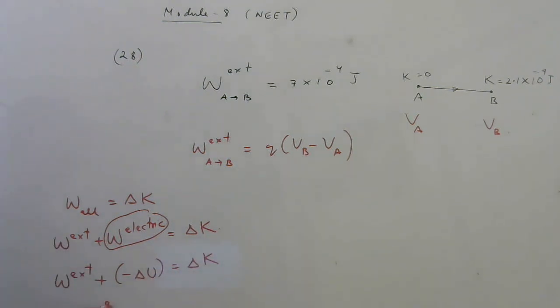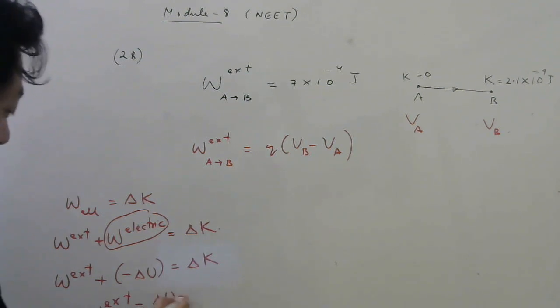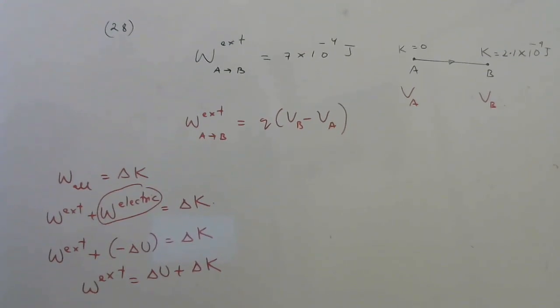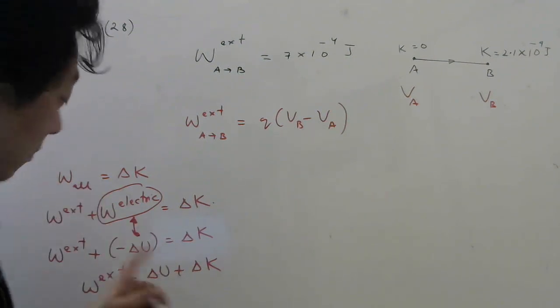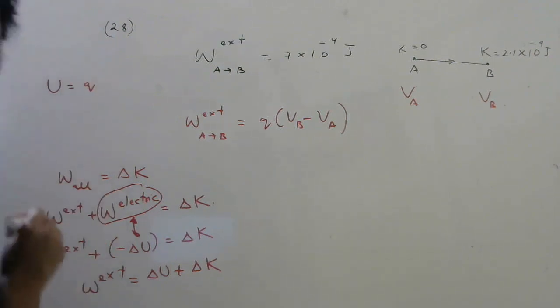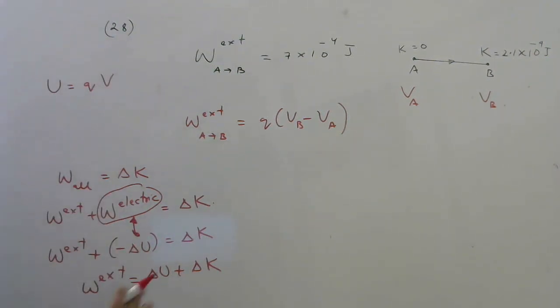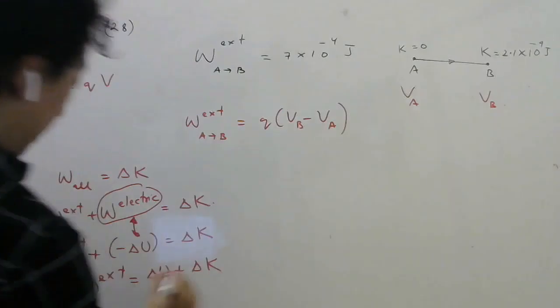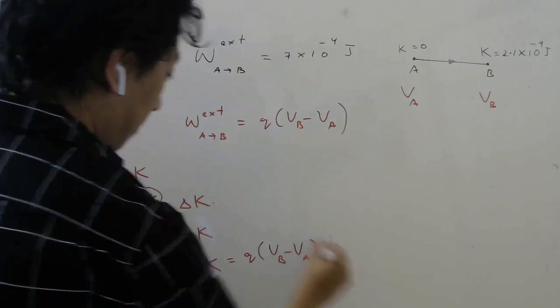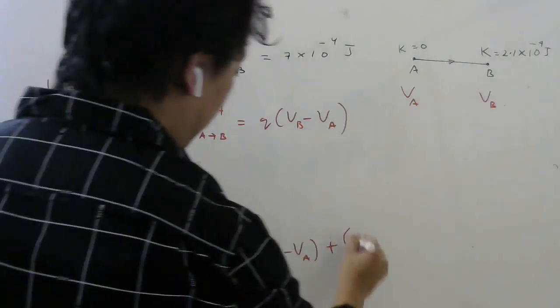So work done by external force will be delta U plus delta K. That minus delta U will come to this side. Already I have explained this part many times, that work done by conservative forces is always negative of change in potential energy. Now, if you remember, potential energy is the charge which you move into potential. So this is change, you are going from A to B. So delta U, how will you write? Q into VB minus VA, plus delta K means what? KB minus KA.